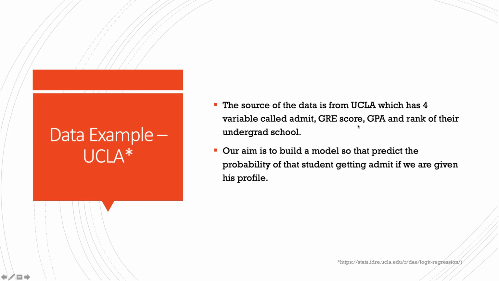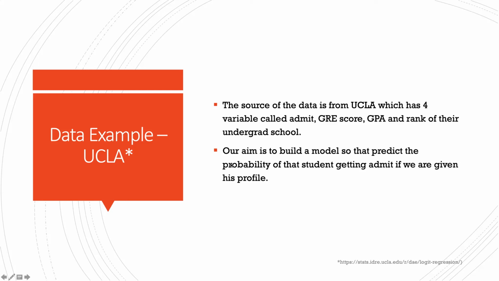We will try to find if the student was admitted to grad school or not, and you will see that your response variable is going to be 1 and 0.